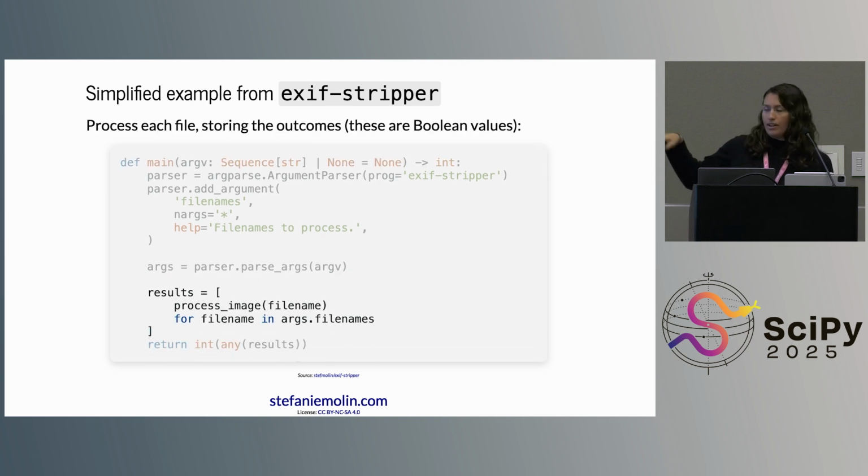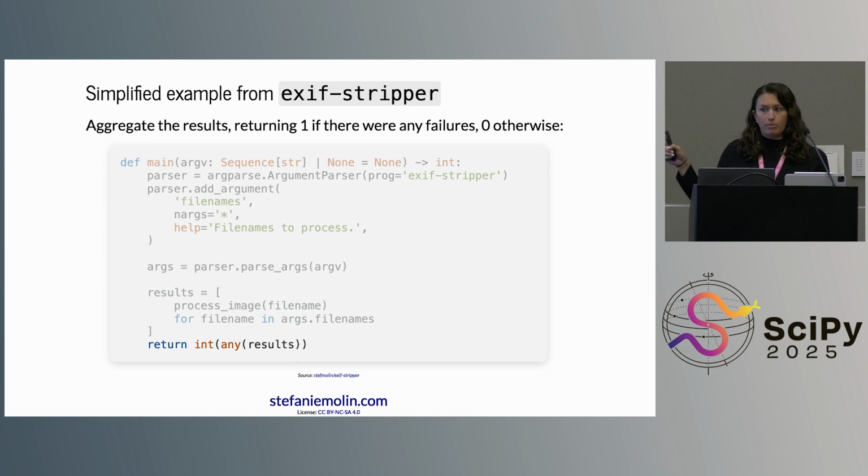So I have to run it on all the file names I'm given, which is that list comprehension there. So that is a list of results, meaning the file was changed or not, so a list of those Boolean values. And then I call any on them. So if any of those were true, that result is true, meaning failure. And then I call int on true, which becomes 1, and it returns the failure.